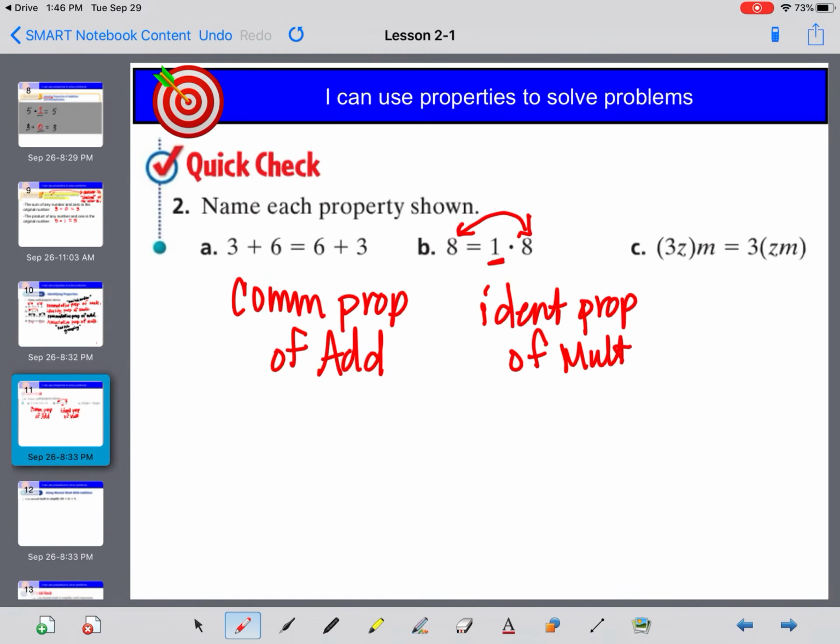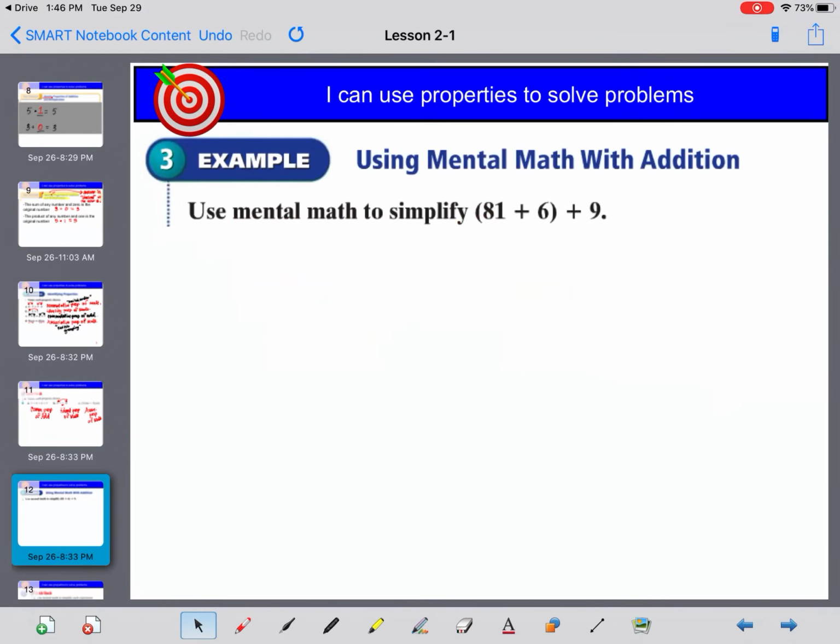And letter C, 3 times z times m, 3 times z times m. The numbers are in the exact same order. I just changed what was in the parentheses. So this would be the associative property. Careful when you're shortening the associative property. Associative property of multiplication.